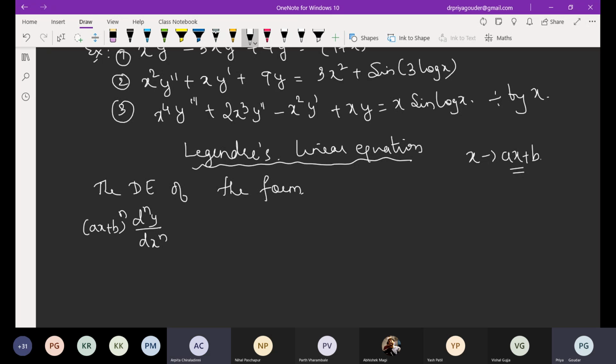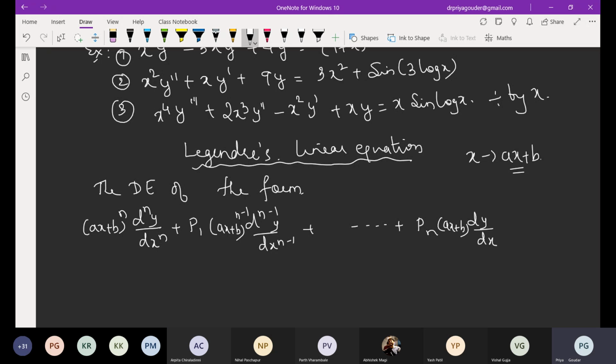Ax plus b raised to n, plus p1 along with the n minus 1th derivative. What are you expecting? Ax plus b raised to n minus 1, and so on. Suppose if you have dy by dx, what will be attached with that? Ax plus b.